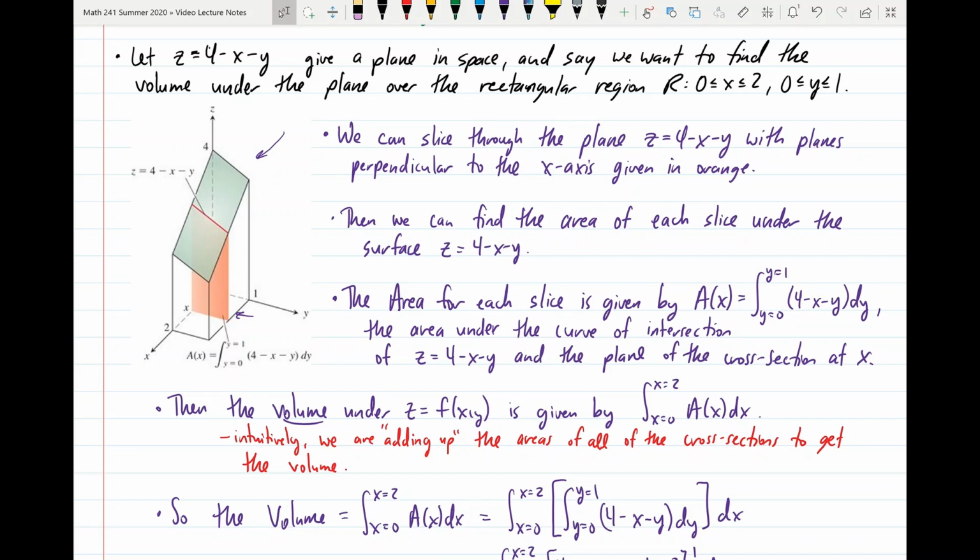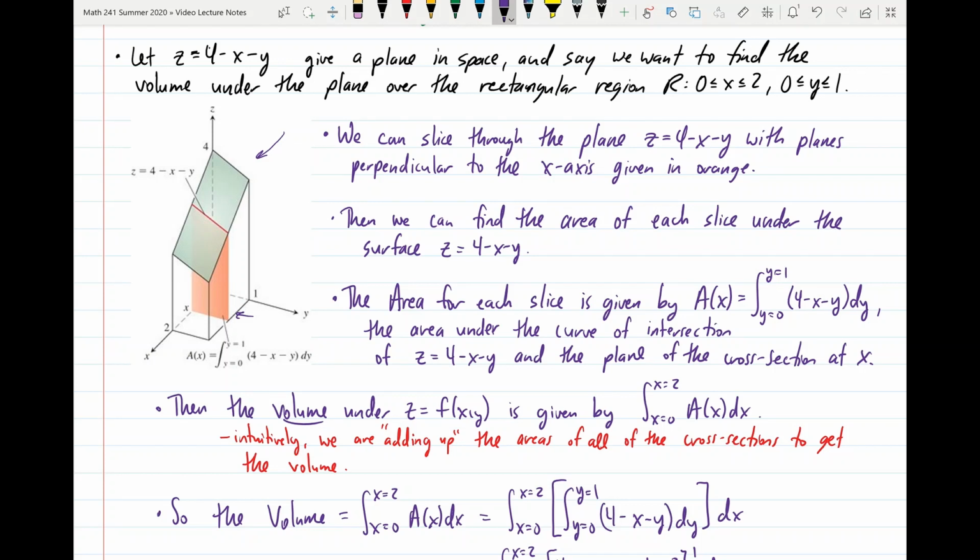Notice that there is a curve of intersection of those two planes.